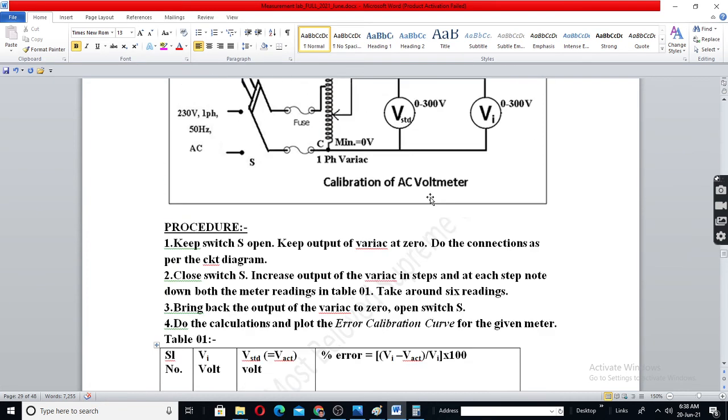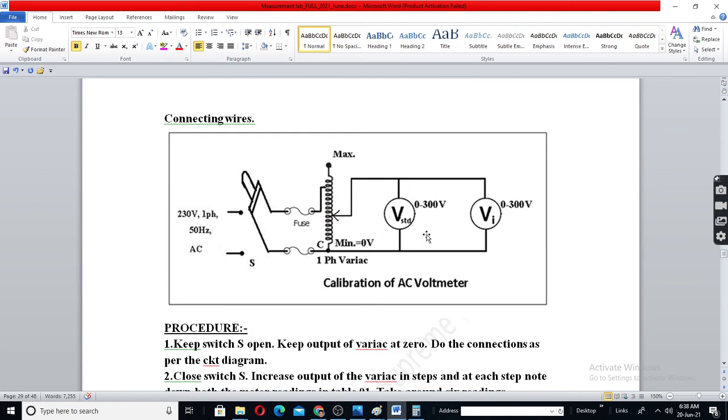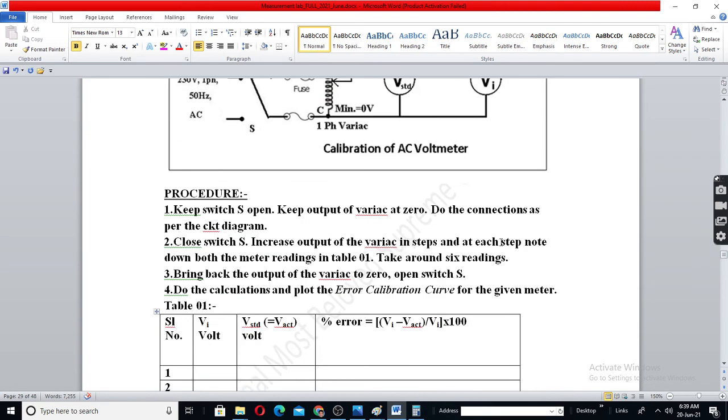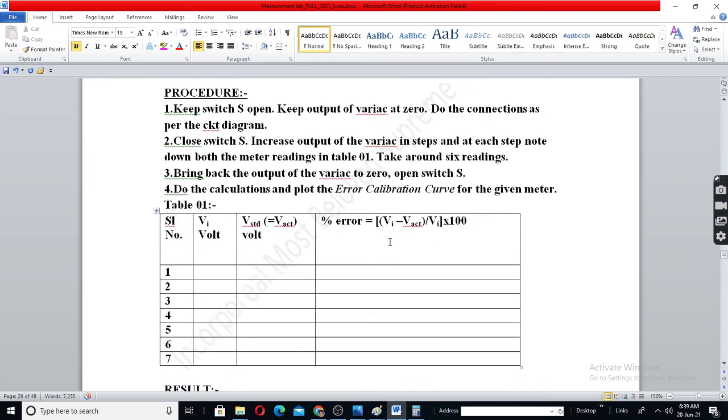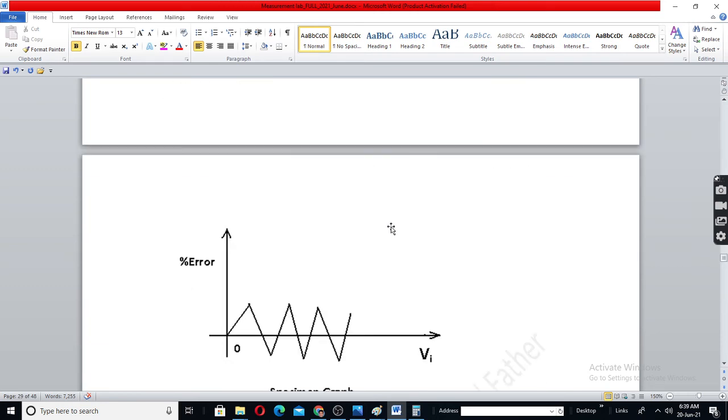Select one as the standard voltmeter, another as the voltmeter to be calibrated, which gives the indicated value. The difference of both readings is the error. Error is actually V_I minus V_actual, not V_actual minus V_I. Then plot the error calibration curve.